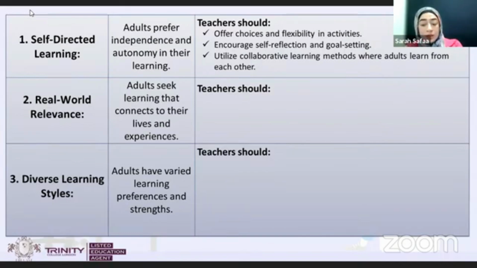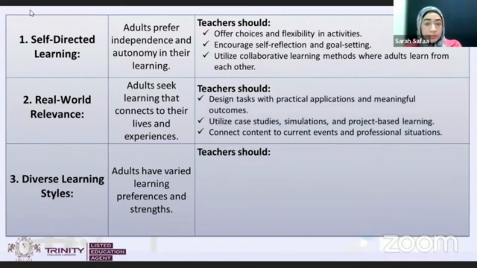Okay, so let's go to number two, which is design tasks with practical applications and meaningful outcomes. Utilize case studies, simulations, and project-based learning. Connect content to current events and professional situations. So don't be separated from real life.